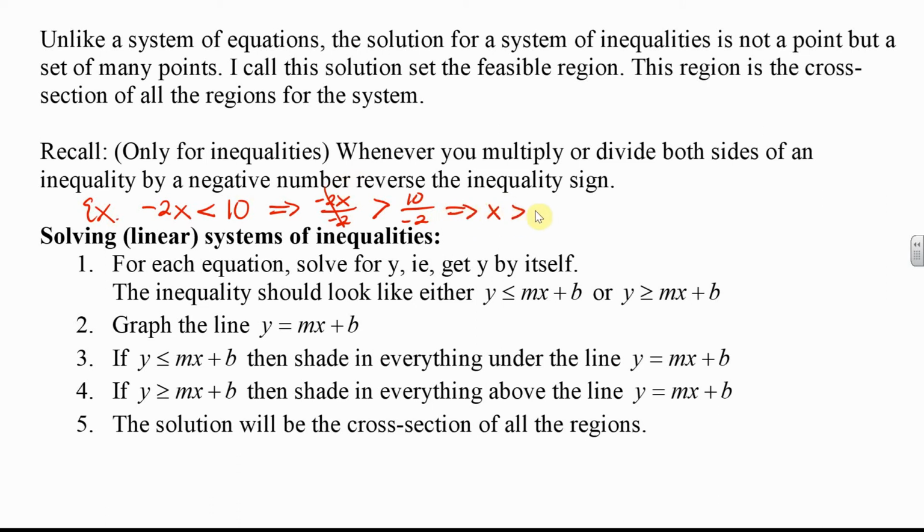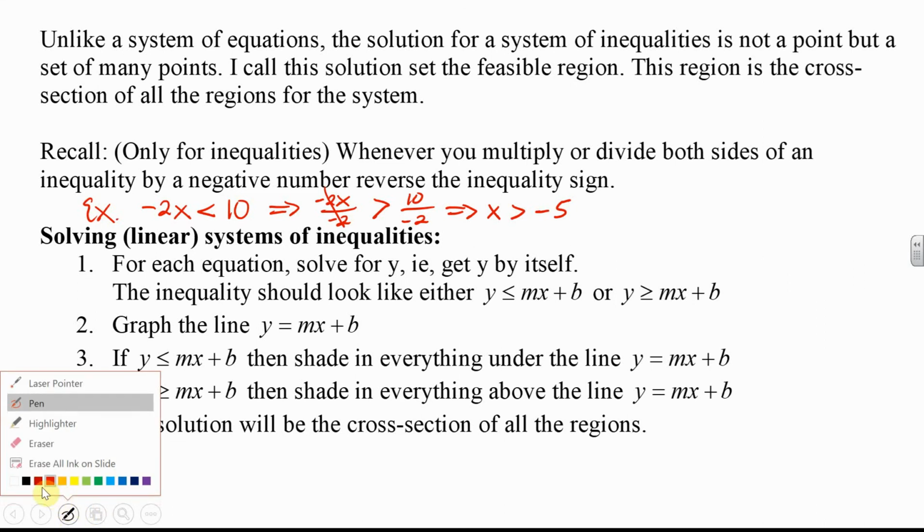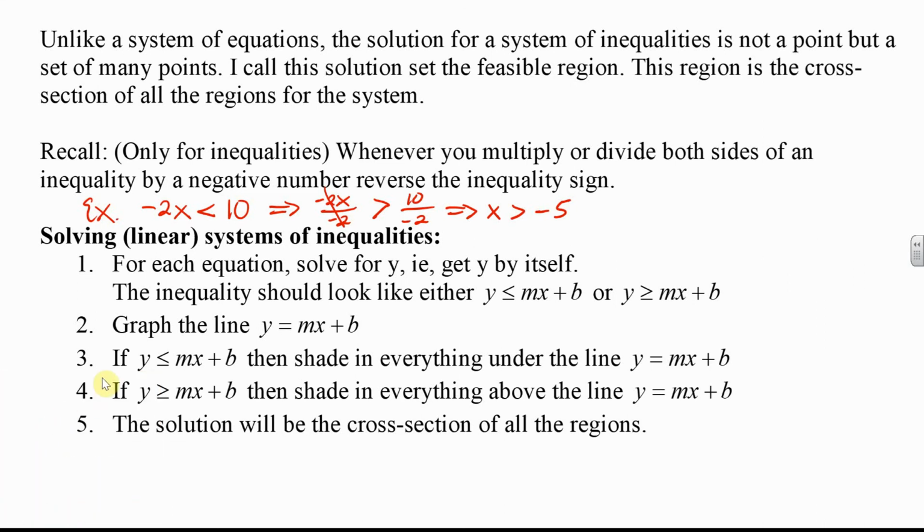So here x is greater than negative 5. Here we divided both sides by a negative number, and in doing so we reversed the inequality sign. We went from less than to greater than, right? So that's important.